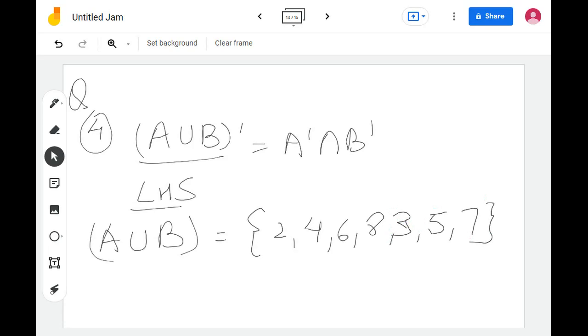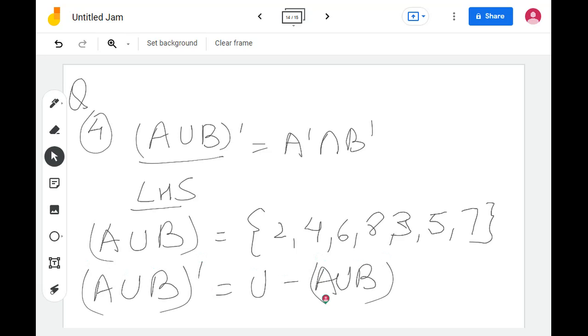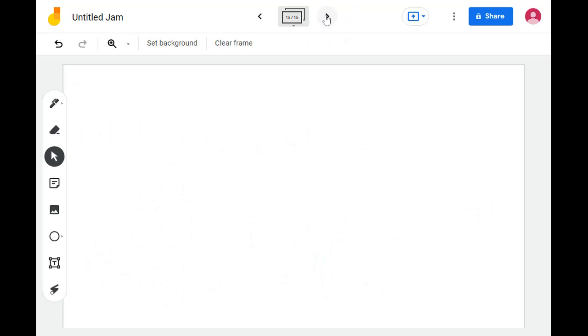Now we have to find the complement. A union B complement is equal to union minus A union B. Now we are finding A union B complement, so we subtract. Union minus A union B. We have the union 1 2 3 4 5 6 7 8 9 and our A union B is 2 3 4 5 6 7 8.